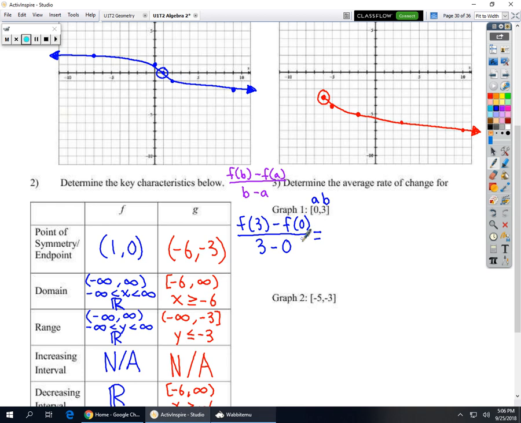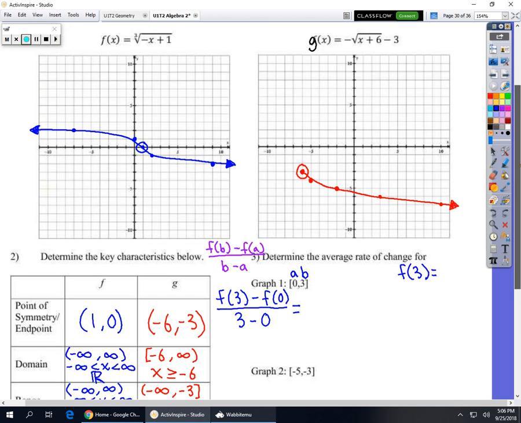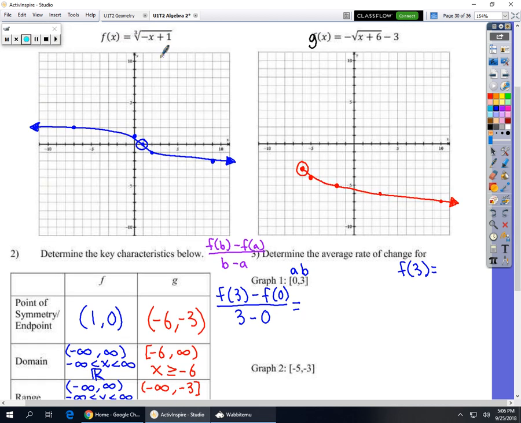So there's two ways to do it. I'm going to show you the long way and then the short way. Either way is honestly correct, but I guess the long way has a little more integrity. So the long way is to plug in the number. So f of 3 equals, and in this case we need to use the original function. So the original function is up here, cube root of negative x plus 1.